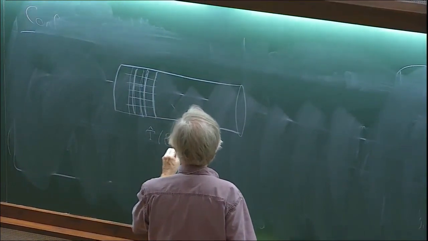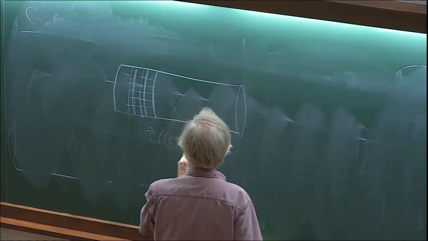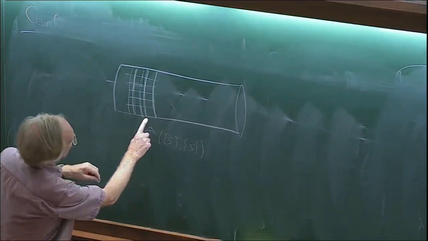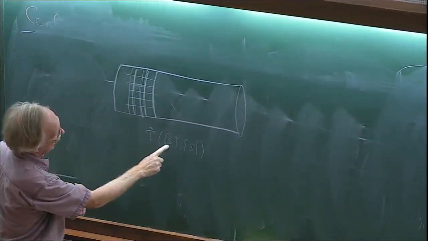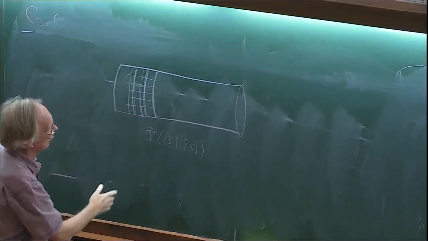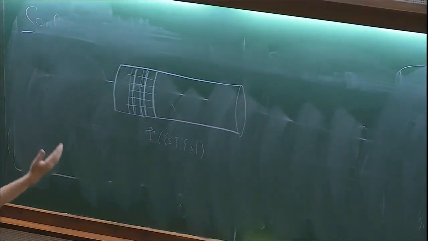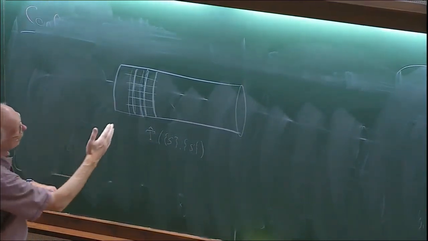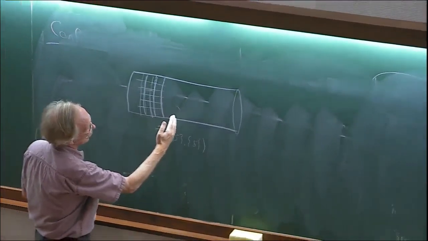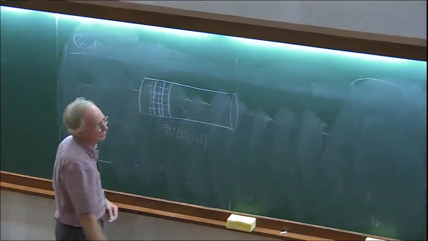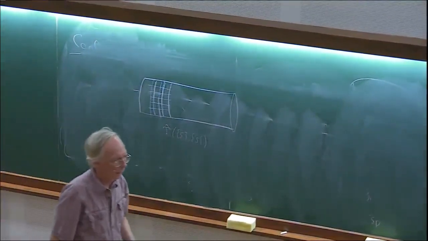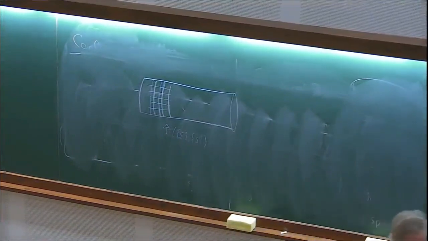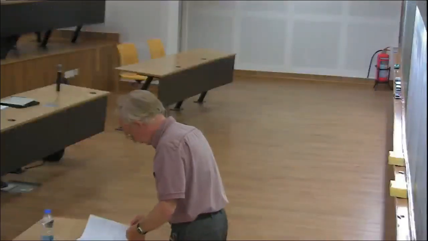And its rows and columns are labeled by the values of the spins along here, I call them S, and the spins along here. So I can build up the partition function by multiplying the transfer matrix by itself many, many times. And I can build up the correlation functions in the same way.